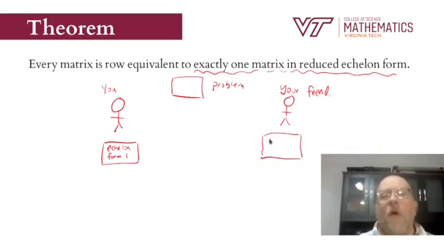Depending on how you chose to do your row reduction, what linear combinations you chose to use, you could have different echelon forms for your work. But if you then continued on all the way to reduced echelon form, there's only one reduced echelon form.